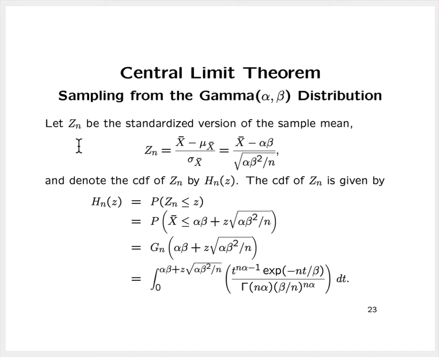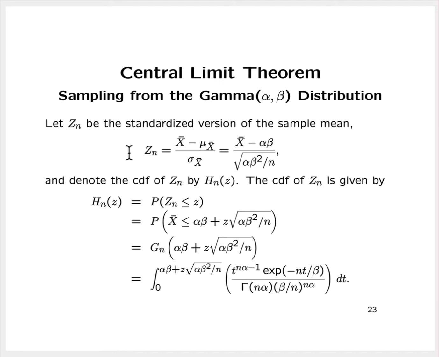Remember that when we say we're going to standardize a random variable, we subtract off the mean of its sampling distribution and divide that difference by its standard error, in other words, the standard deviation of its sampling distribution.